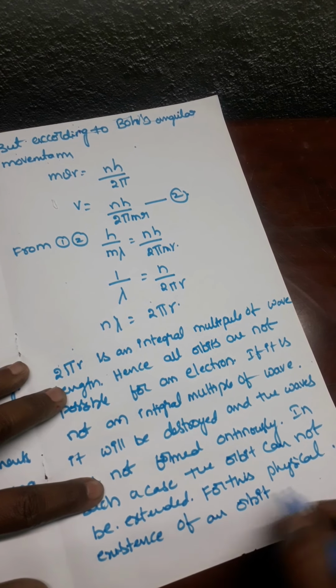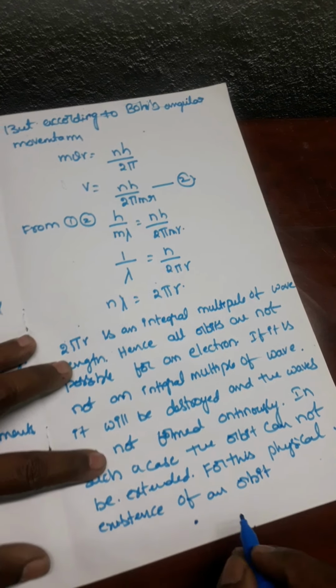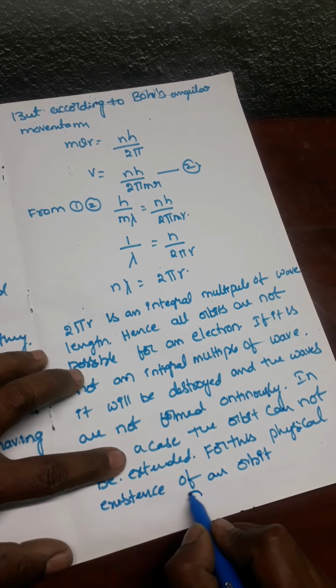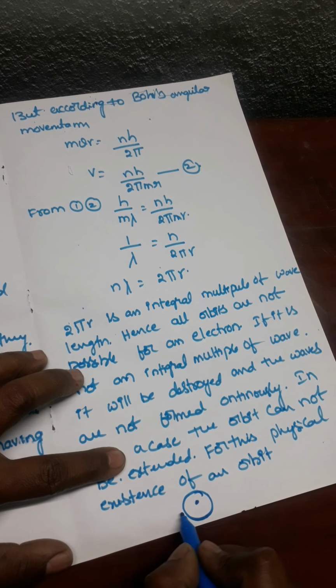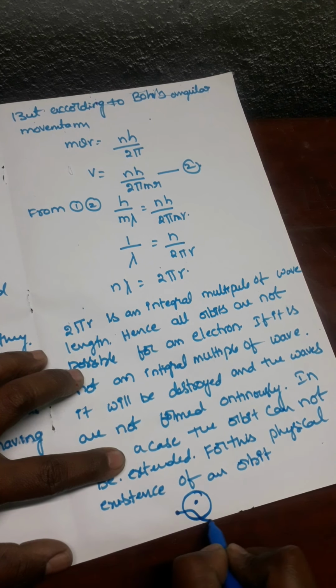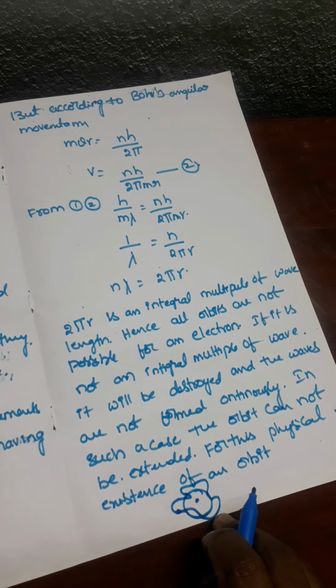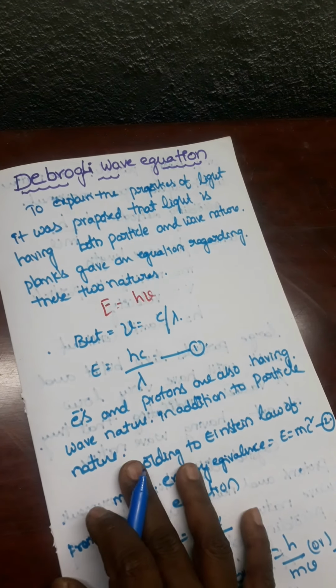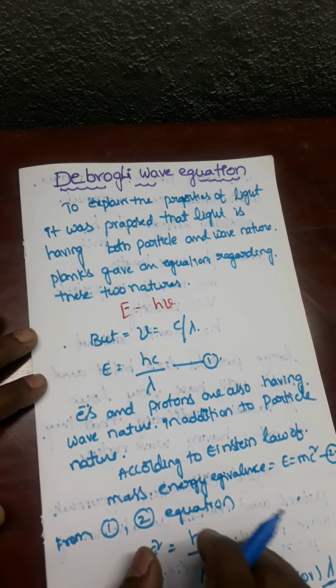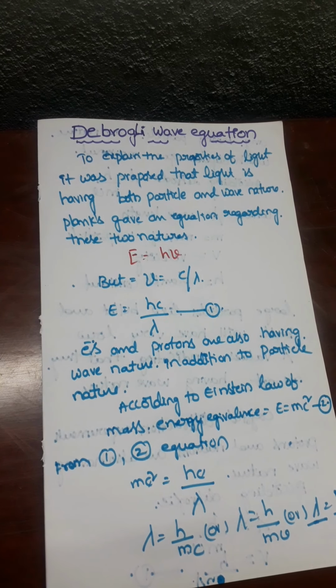That is, suppose one orbit is there, the waves are like this. This is about the wave nature of electrons, that is, the de Broglie wave equation. Thank you very much.